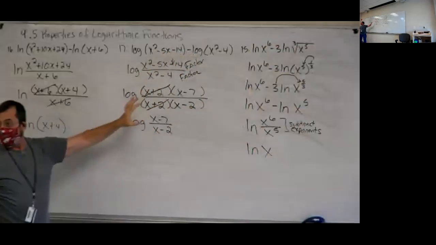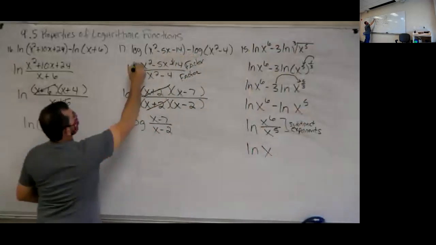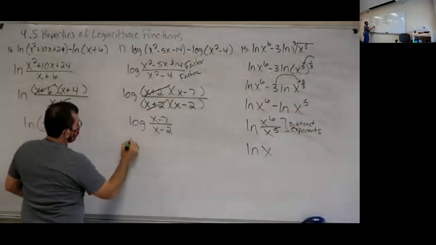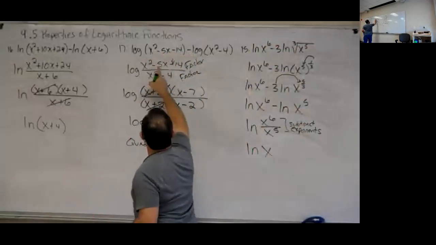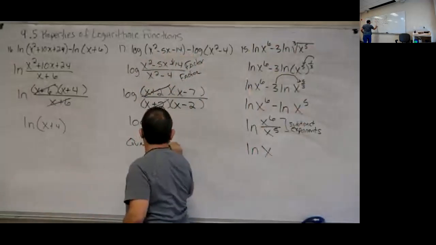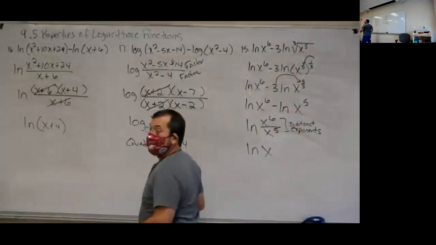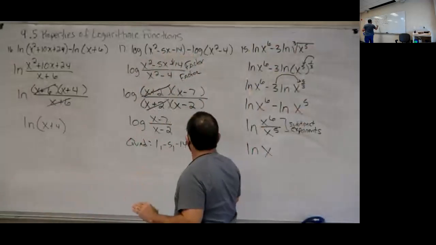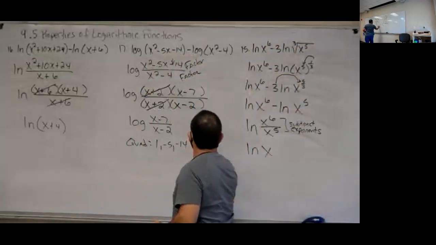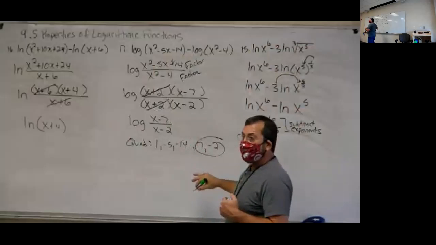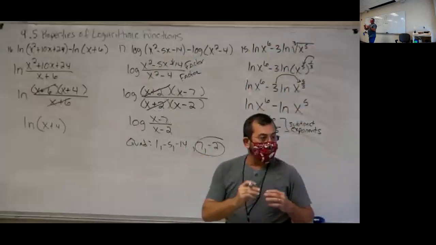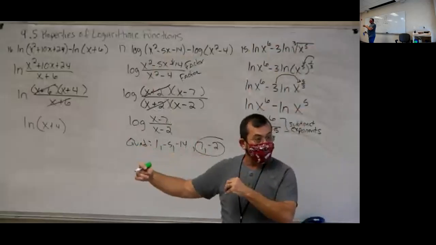If you don't like factors, what you do is quad this. On the top one, you would have quadded a 1, -5, and a -14. That would have gave you a 7 and a -2 if you did it on quad. But remember, quad's giving you answers if you got them set equal to 0.